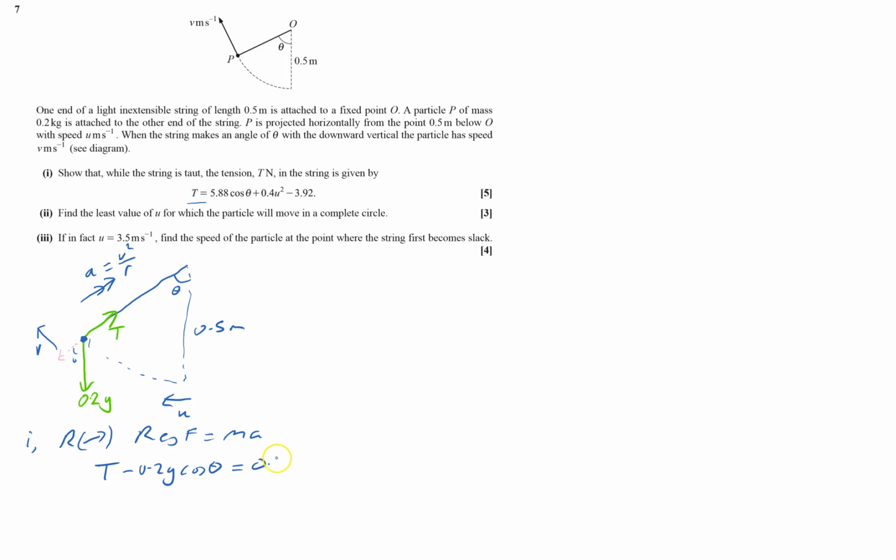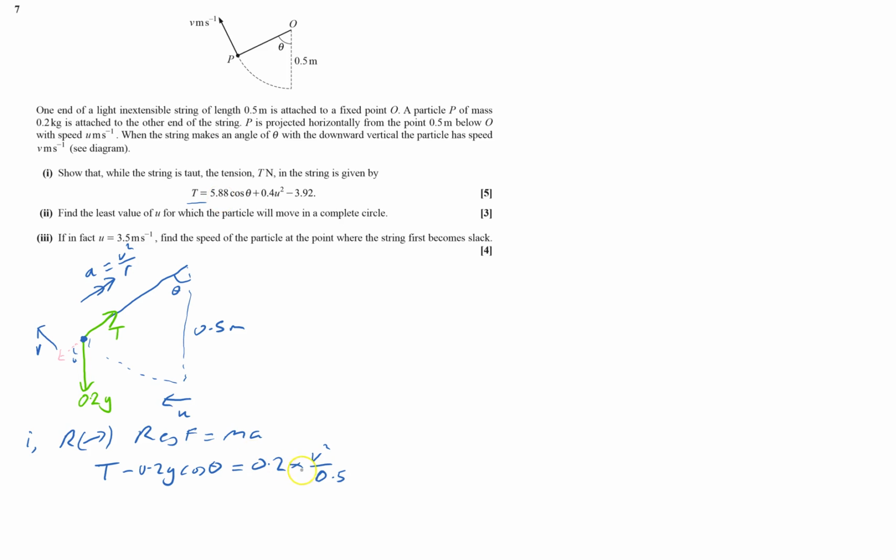And that will equal the mass, 0.2, times the acceleration, which I just said is v squared over r. And r is 0.5, so v squared over 0.5. So it's done the first little bit.